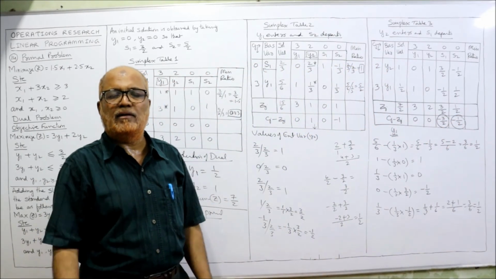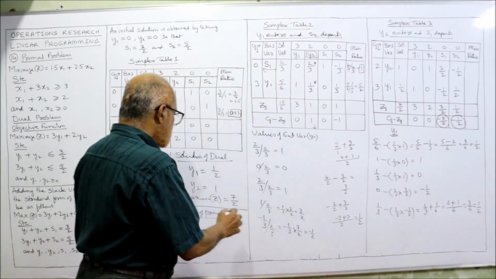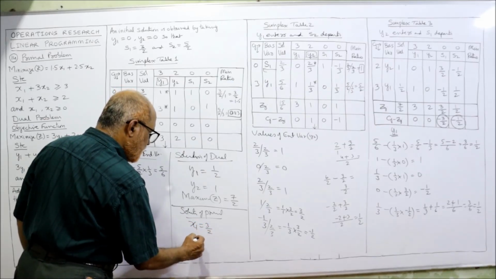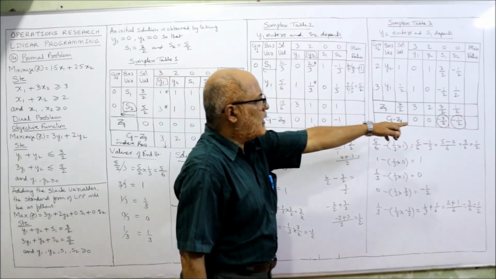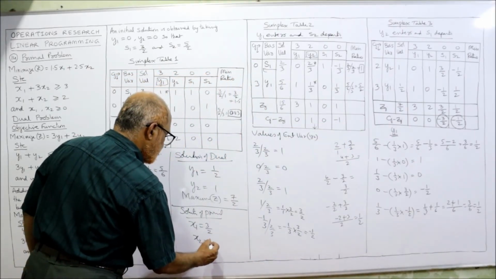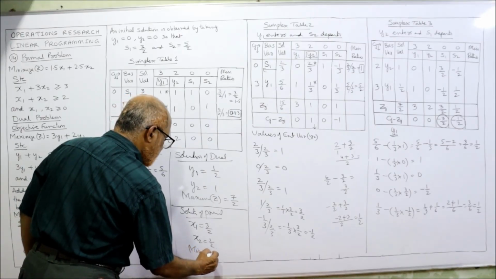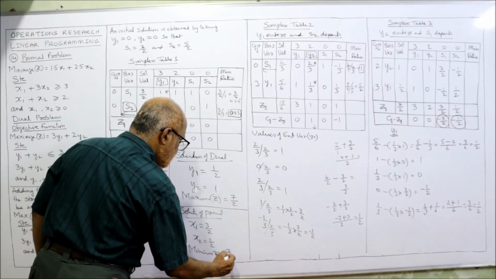Ignore the signs. Ignore the sign, minus or plus, we are not concerned. 3 by 2. So solution is x1 is equal to 3 by 2 and x2 is equal to 1 by 2. And minimum z. Original problem was minimum. Minimum z is equal to 7 by 2.